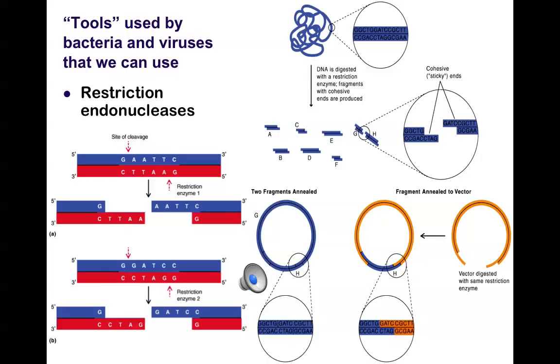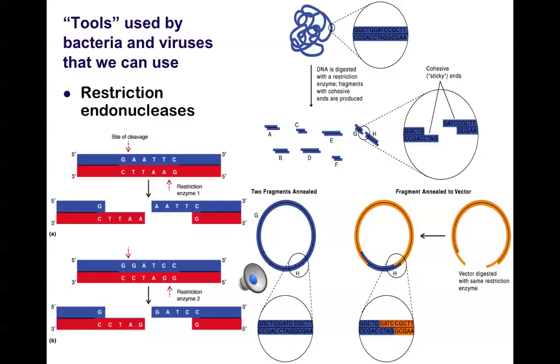If we use the same restriction endonuclease on all of these pieces of DNA, they're all going to have the same sticky ends. If we allow the sticky ends to anneal, some of them are going to re-anneal to themselves, so the blues will go back together, and some of the yellows will go back together.